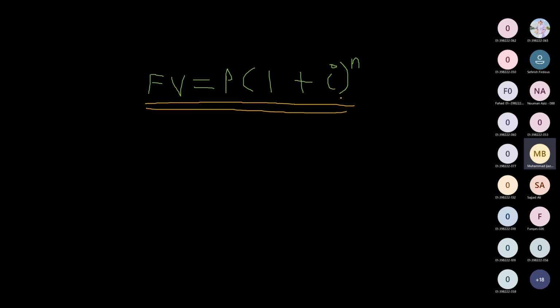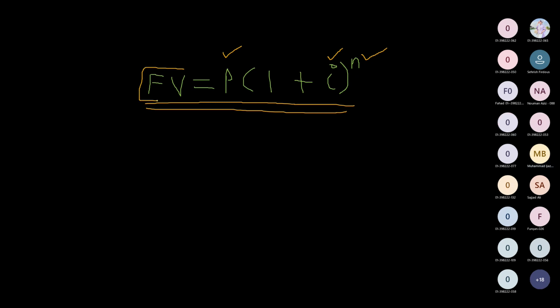Whether it is simple or compound, I can generate questions, and any one of you can even generate questions for your students. I give you the value of principal amount, the value of i, and the value of n, and I ask you to calculate the future value.